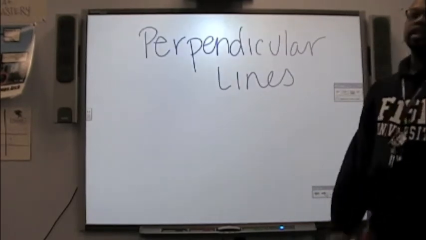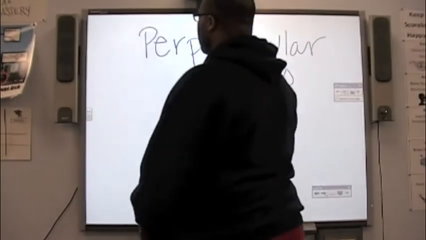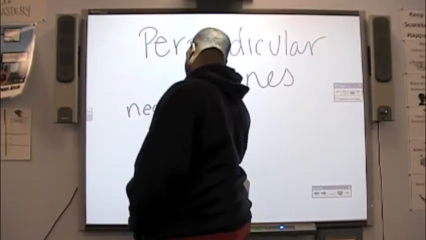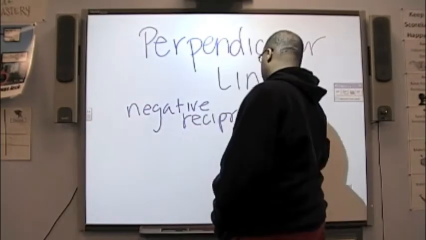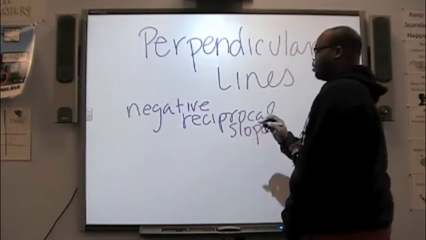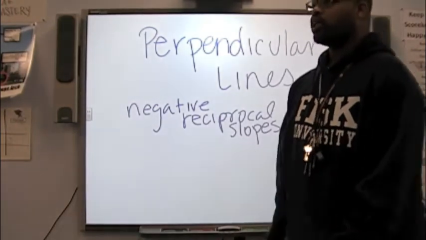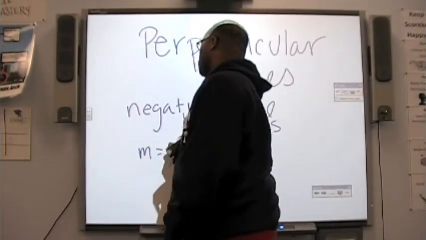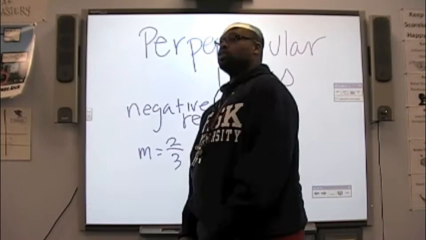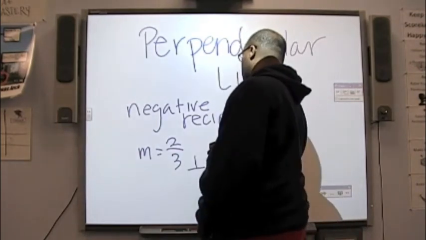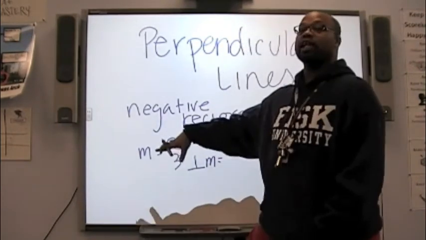Let's try perpendicular lines. Perpendicular lines have negative reciprocal slopes. What that means is when we have a slope for a perpendicular line, let's say our slope for a line is 2/3.